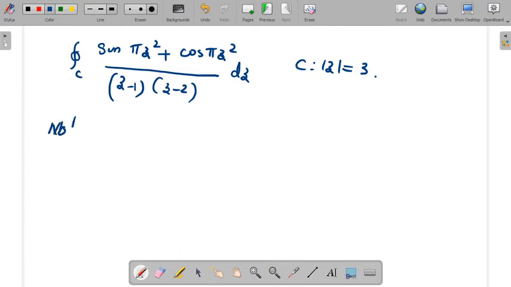The integrand is not analytic at z = 1 and z = 2.